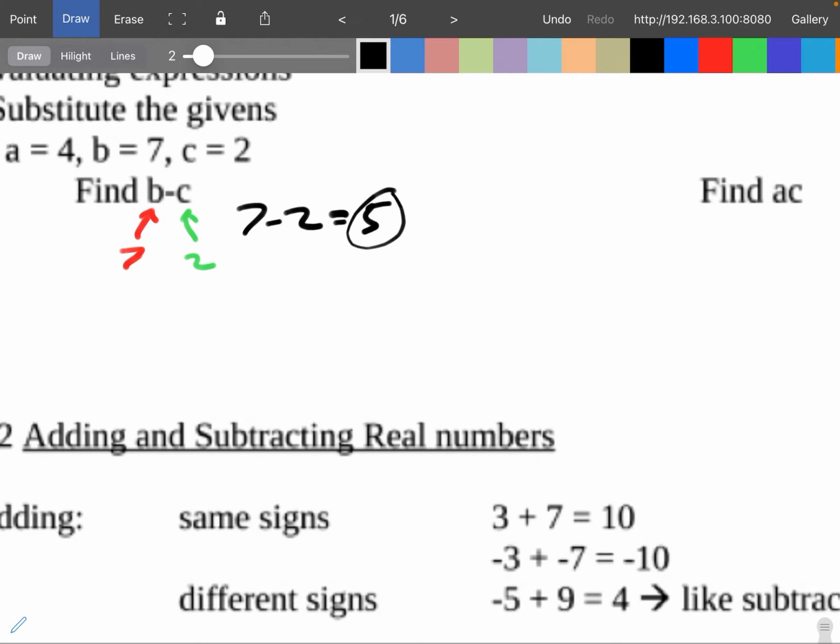And then this one over here, what's AC? What does that mean again? What do I do? Yeah, A times C. So what's A? 4. All right, A is 4. So we're plugging in 4 for the A. And then C was 2, right?